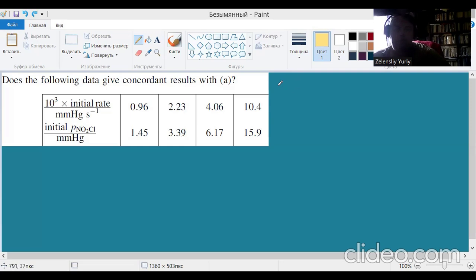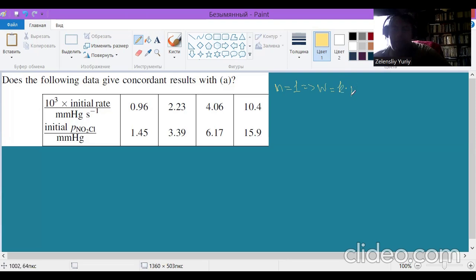Again, remember that the rate of reaction is equal to 1 for that reason. We can write that the rate of reaction is K times the pressure of the substance raised to 1. In other words, just K times P.